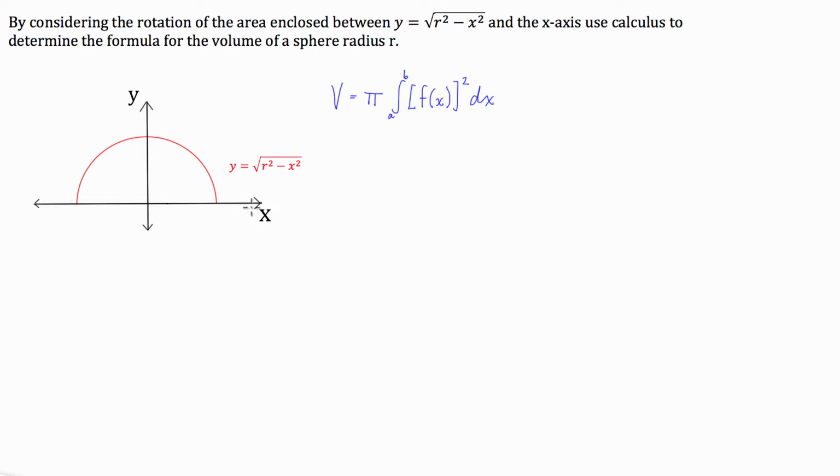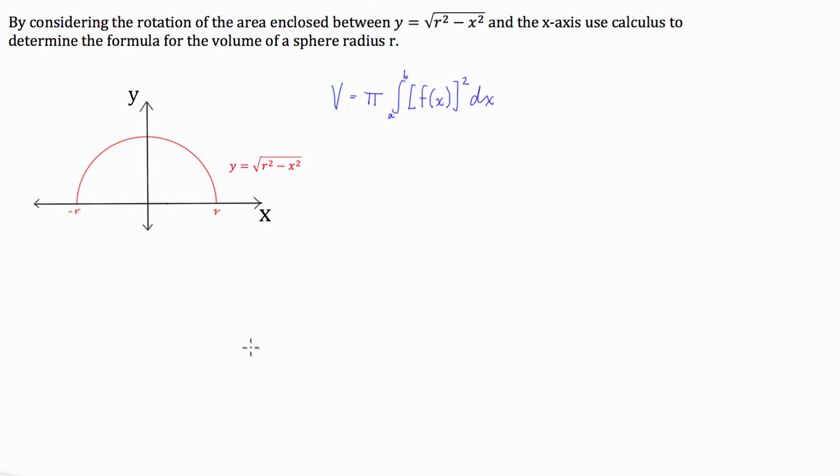If we have a look at this function here, hopefully you'll be familiar with it: it gives you a circle that looks like this, and the radius of this circle is just this r value here. So the values of x that we're going to be integrating from and to are, well, this one here is going to be negative r, and this one here is just going to be r.